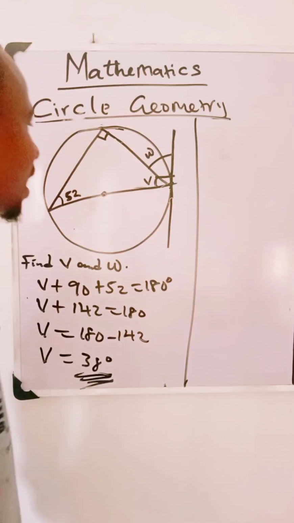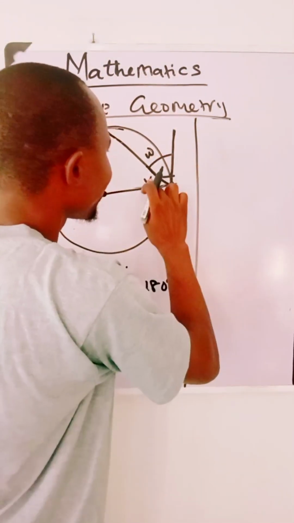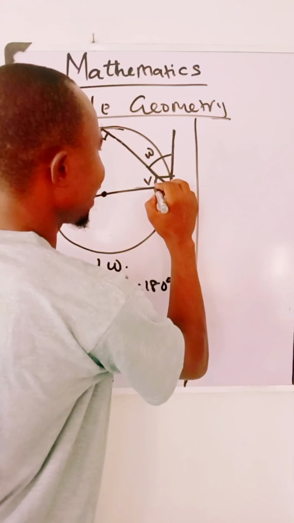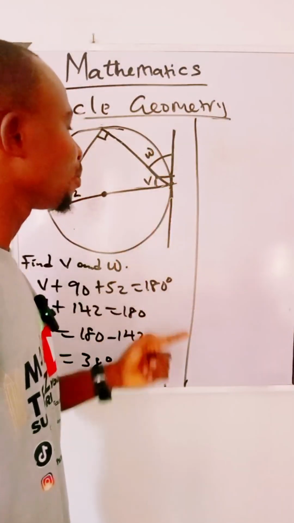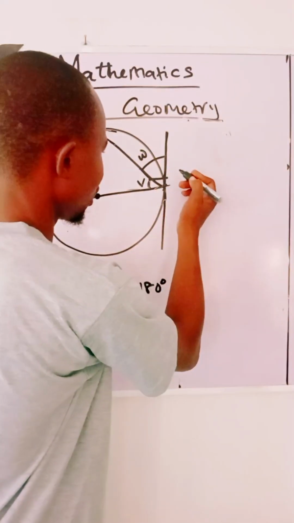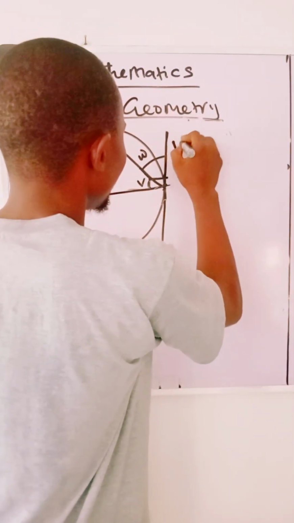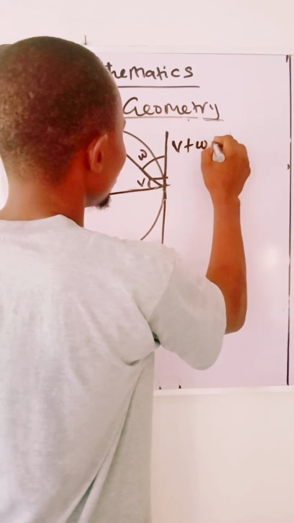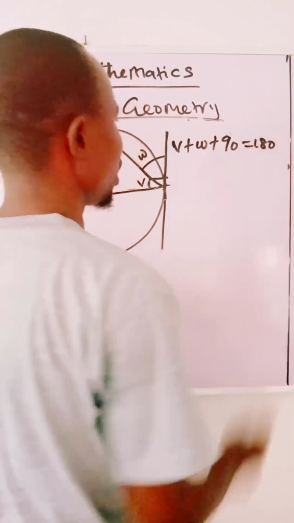So what I'm going to do is add this small angle V here plus the angle tangent to a circle, which is 90 degrees, plus W equal to 180. Okay, so let's go there. I have my V plus W plus 90 equal to 180.